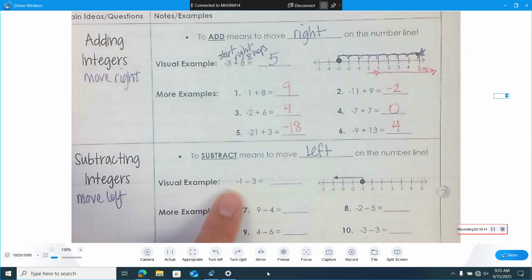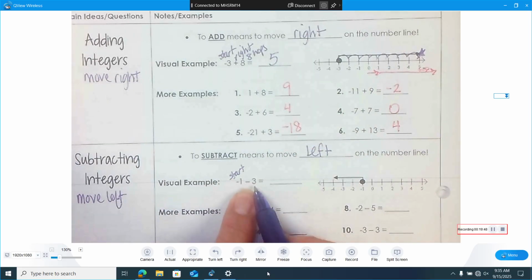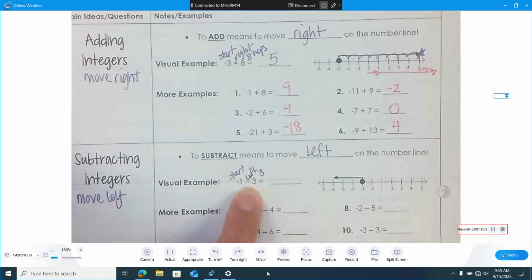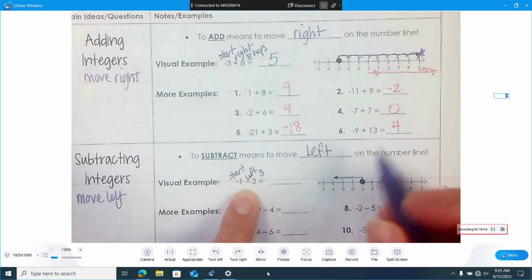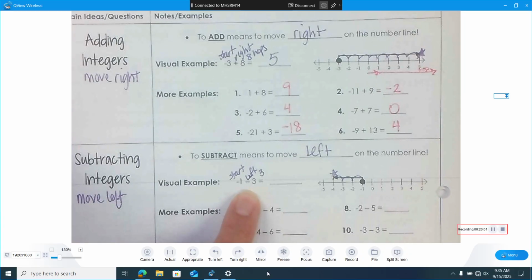For a visual example here, I'm starting at -1, and the sign says go left 3 spaces. So if we start at -1 and do 1, 2, 3 hops to the left, we land at -4.